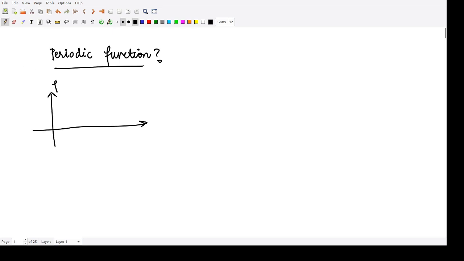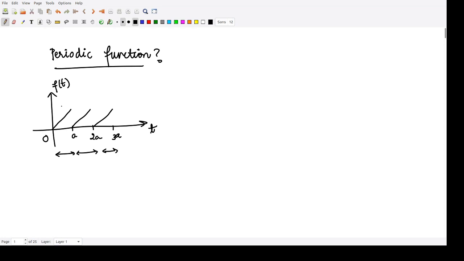Say this axis represents f of t, and this point is 0, this point is a, this point is 2a, this point is 3a, and the function from 0 to a is defined like this. Again from a to 2a it is defined like this, and again from 2a to 3a it is defined like this. So you see, after every interval the function is repeating itself.